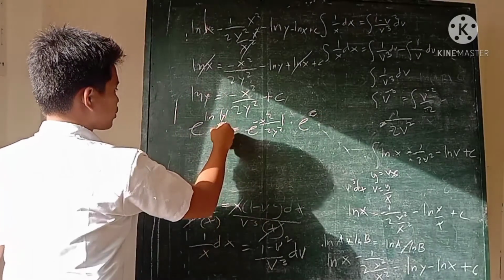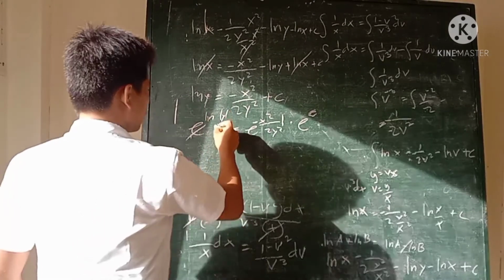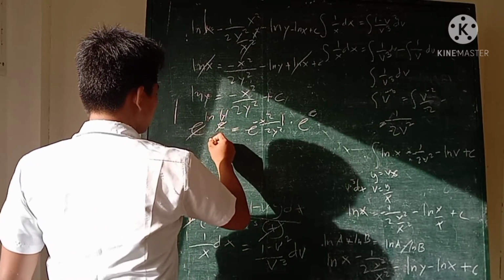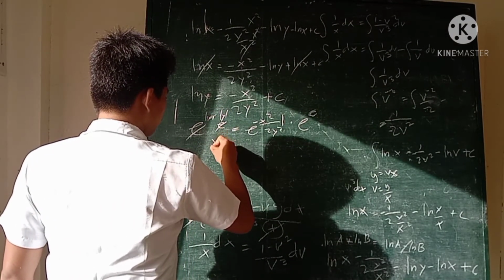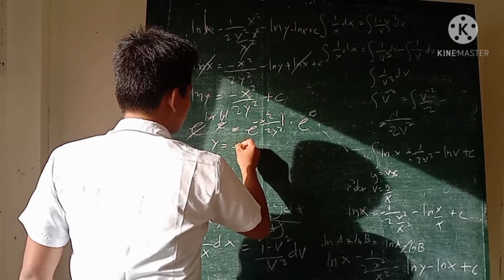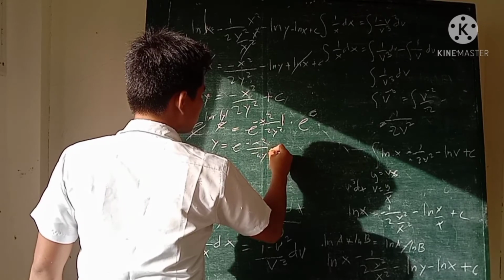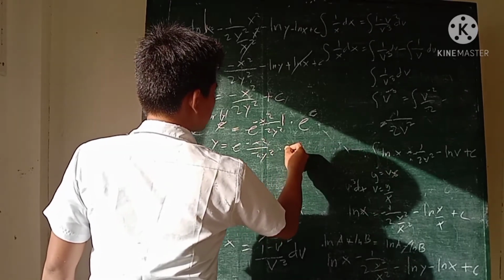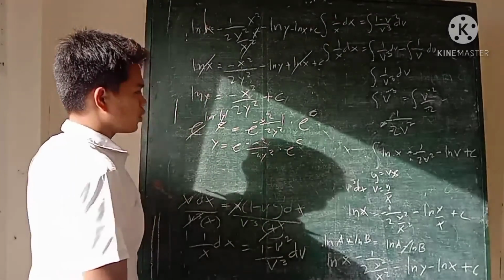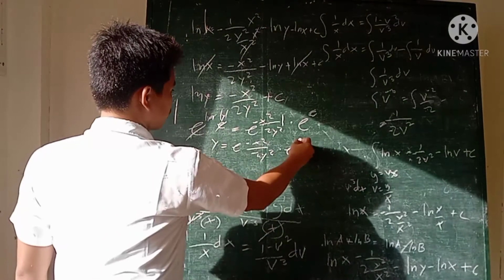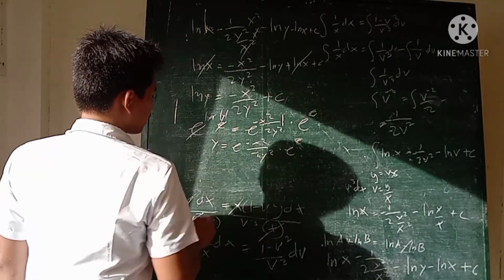So cancel this one, then the remaining is y. Cancel down. So y equals e to the negative x squared over 2y squared times e to the c. Since the constant here is raised to a power, we need to put this in front.